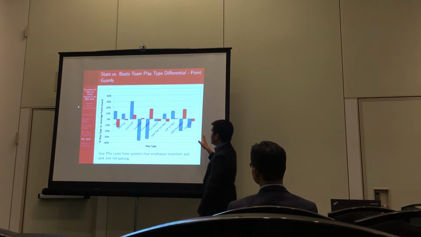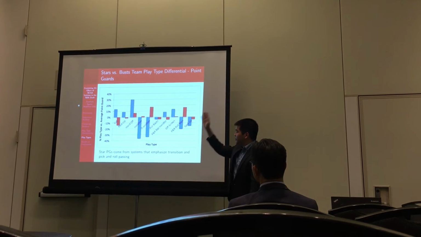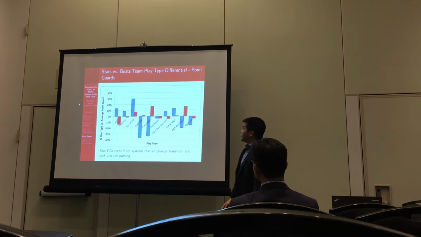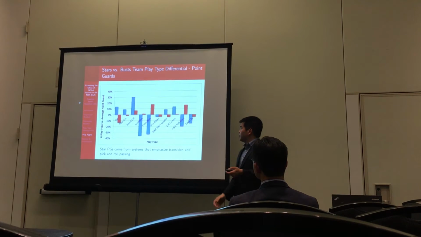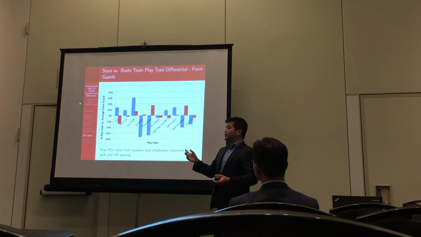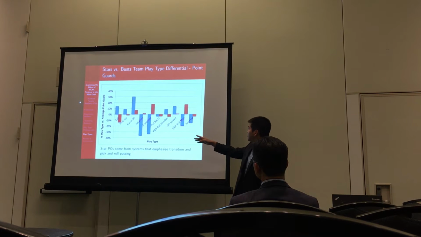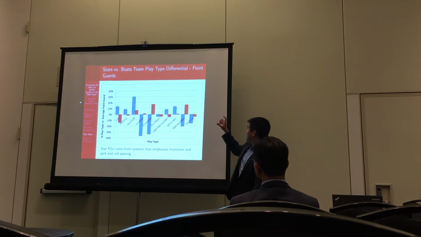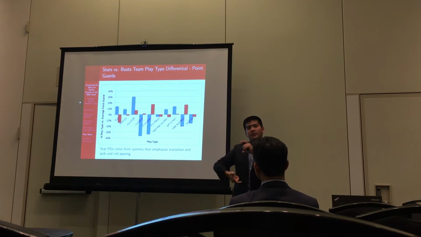So you'll see the 11 play types horizontally, and then the deviation from collegiate average. Ideally, the most interpretable result would be one where you see a large deviation, so red is for stars, blue is for busts. You want to see a large deviation in opposite directions for a given play type, right?